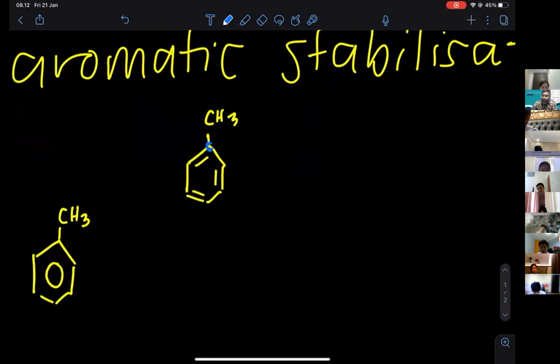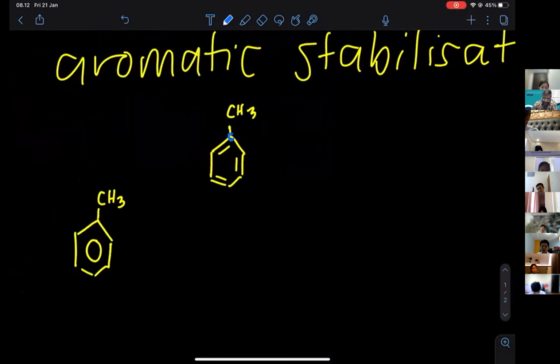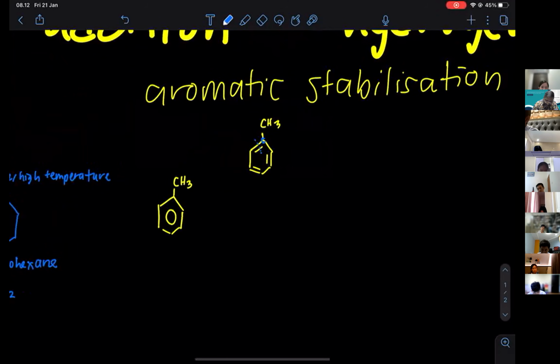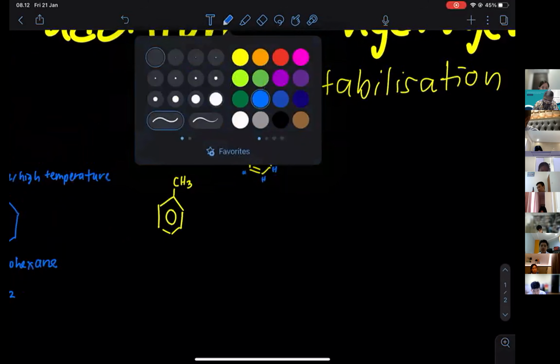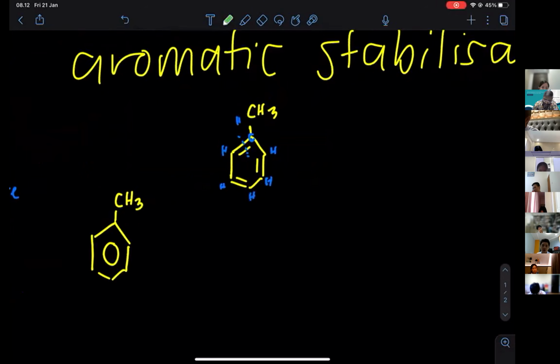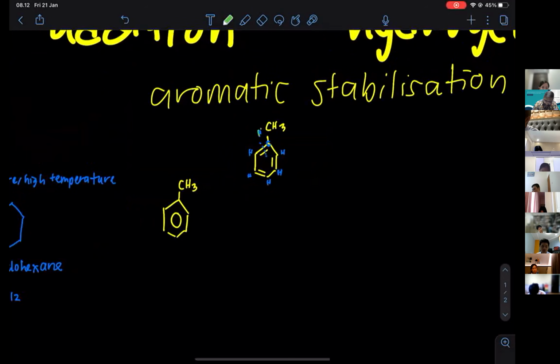So now what happens? The hydrogen will come here. There was 1 hydrogen each here, so now you are introducing new hydrogen here, here, here, here, and here.